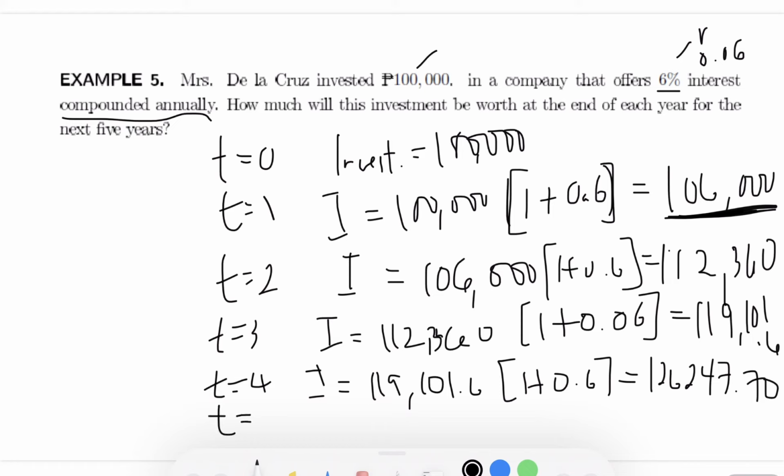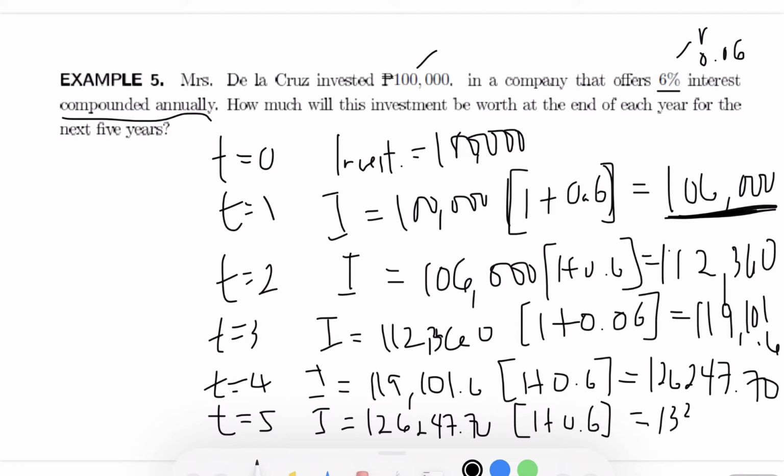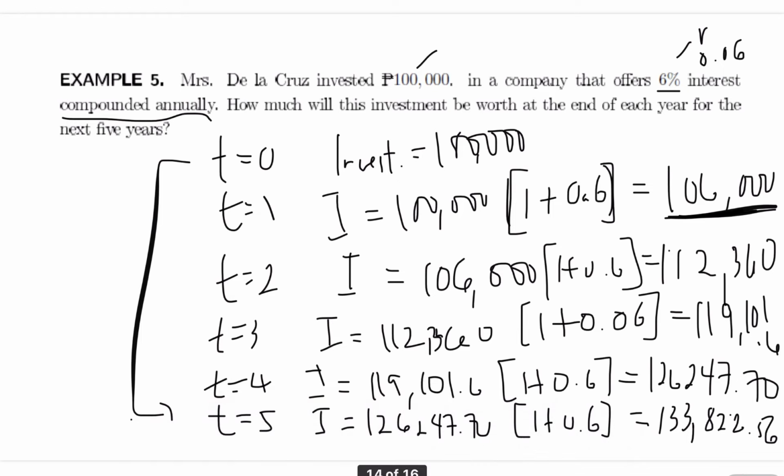And last, your investment will become 126,247.70 multiplied again by 1 plus 0.06, which is 133,822.56. So manually, this is how we get the investment after 5 years of Mrs. De La Cruz. But in general, we can rewrite this as an exponential form.